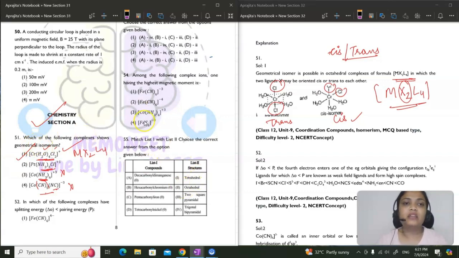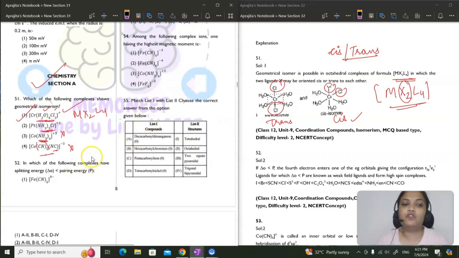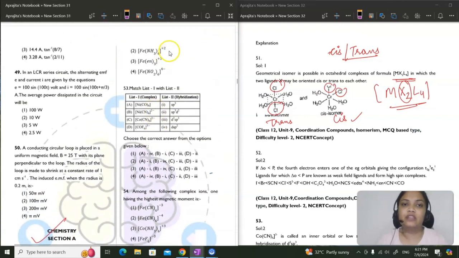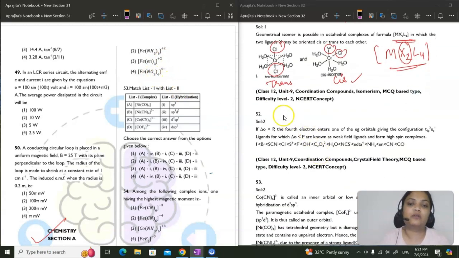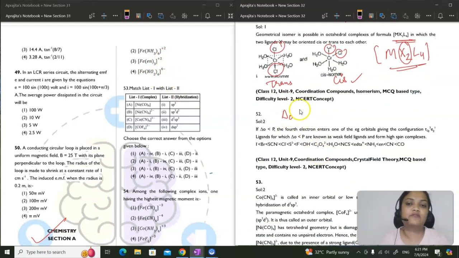Next is question number 52: which of the following complexes has splitting energy, that is delta naught, less than the pairing energy? Fe(CN)6, Fe(NH3)6, Fe(en)3 and Fe(NO2)6. Students, you know that delta naught means the crystal field splitting energy.